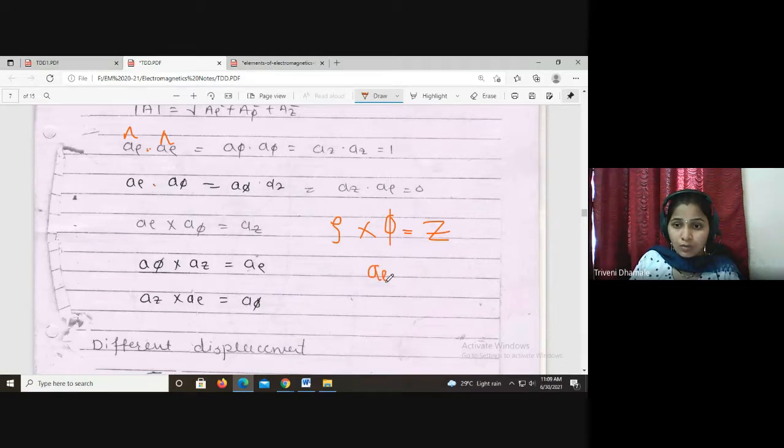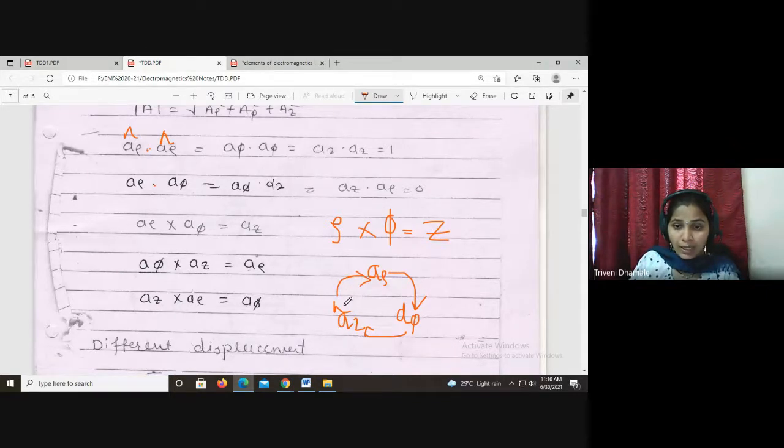Suppose a rho, a phi and az caps. Okay, go in the clockwise direction. When we multiply these two unit vectors, the resultant is this third. When we multiply a phi az, the resultant is the remaining third vector a rho cap.